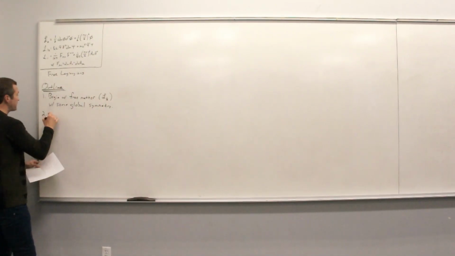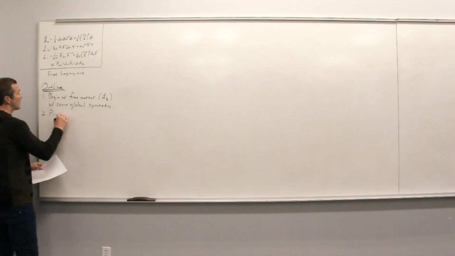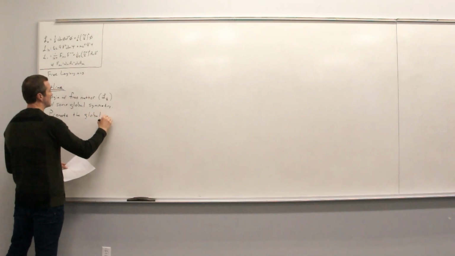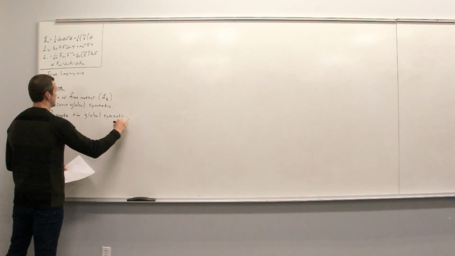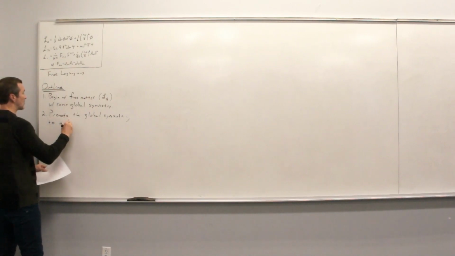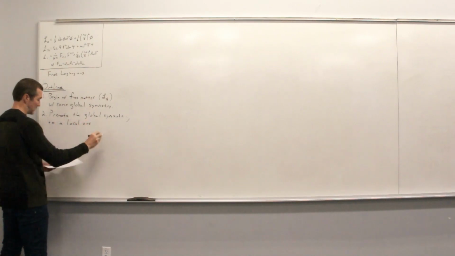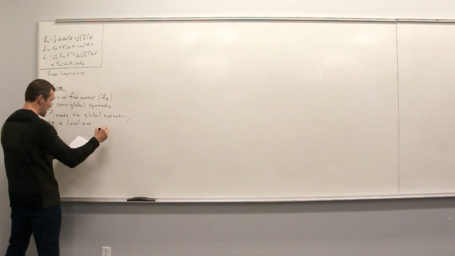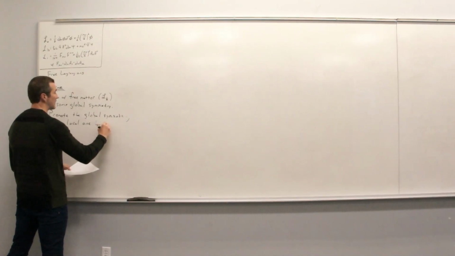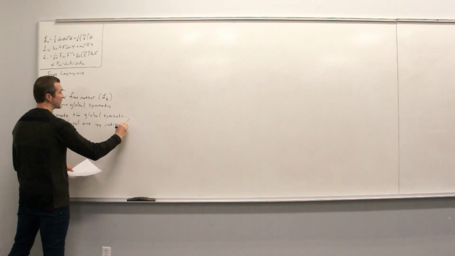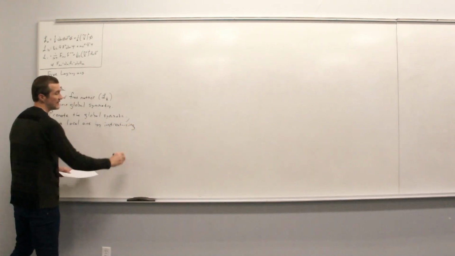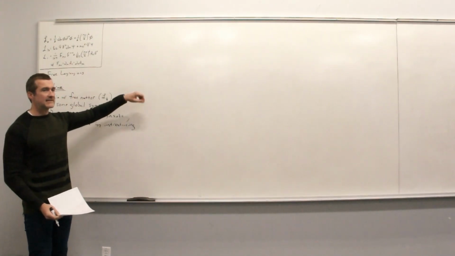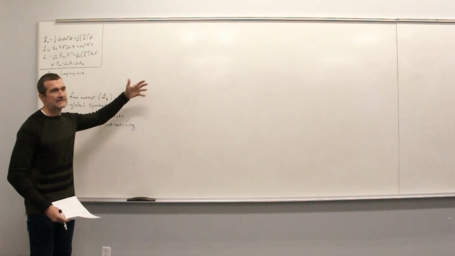So the second thing we want to do is we want to promote the global symmetry to a local one. Of course, we have to change the story, and this will be borne out in detail in the example, but you can't just take a theory with a global symmetry and say, I want to make it local, because usually it's not locally invariant.